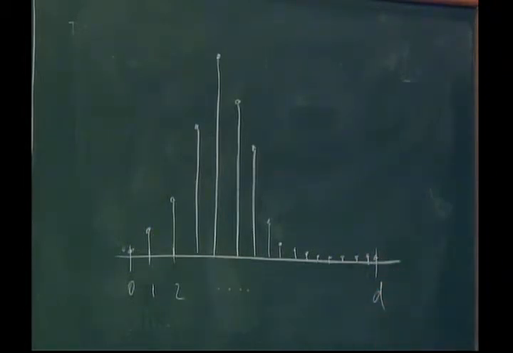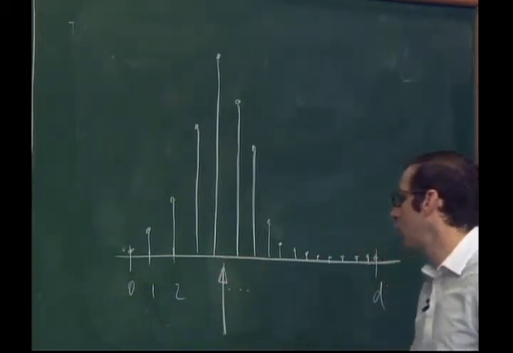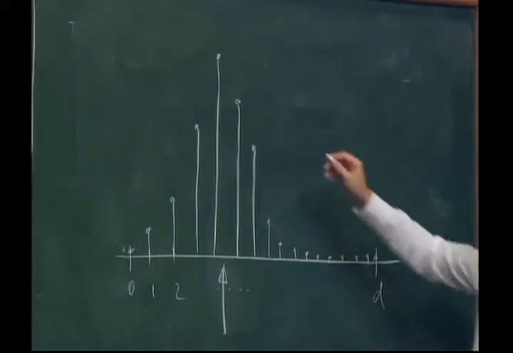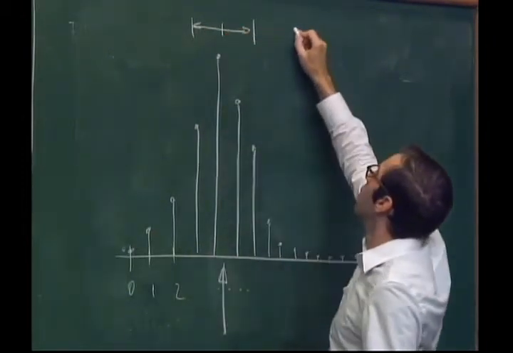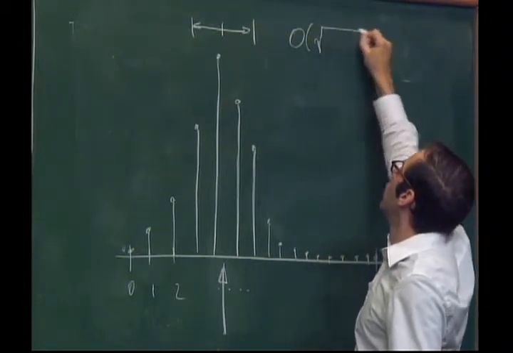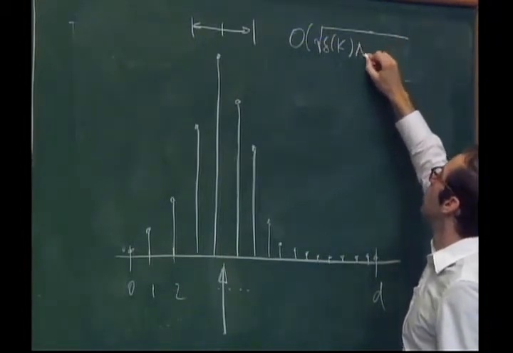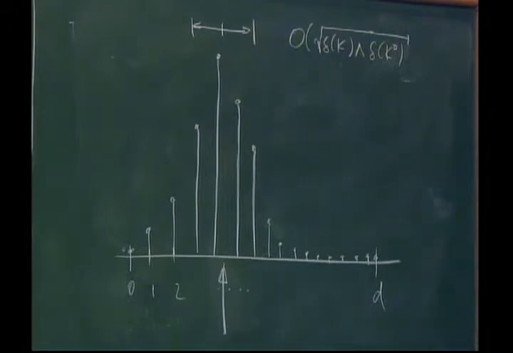Okay, so the intrinsic volumes are only large around delta K. Everywhere else they are small. And if you want to look at the width of this lobe, this is on the order of the square root of the statistical dimension, or the statistical dimension of the polar cone, whichever one is smaller. Okay? And out here at the end, they are exponentially small in the dimension.